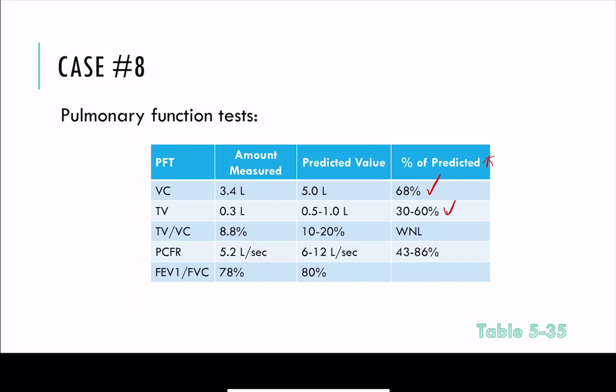Again, this ratio helps to show you how much reserve they have above tidal volume. His cough flow rates were slightly low, and his ratio of FEV1 to FVC was 78%. So the ratio of the forced expiratory volume in 1 second and the forced vital capacity was normal, likely because both of these were lower than normal.